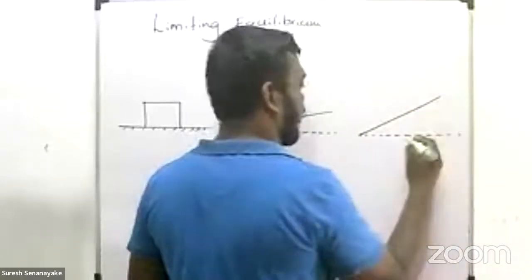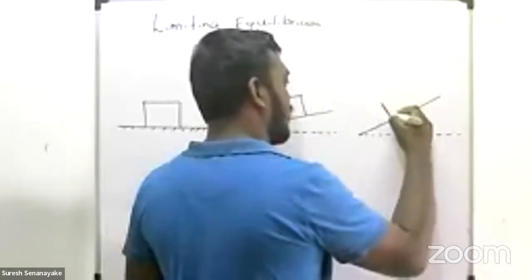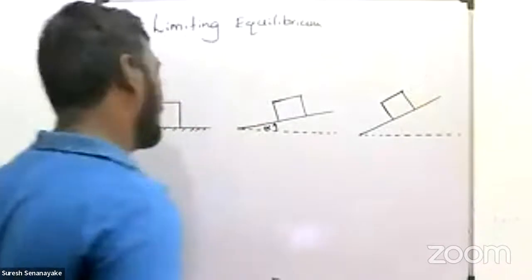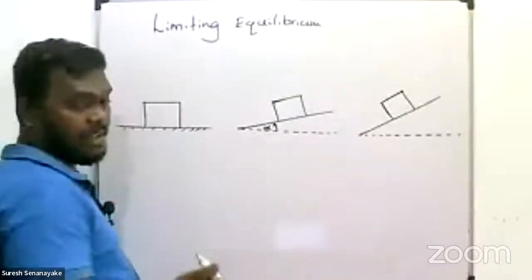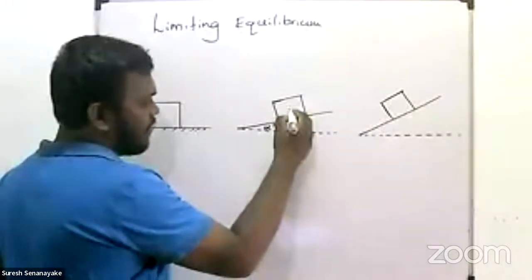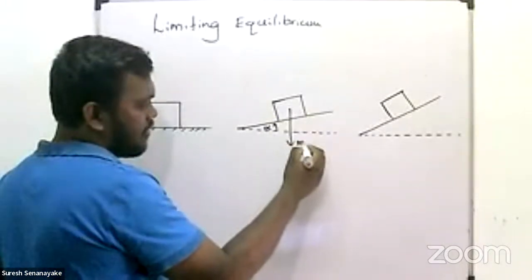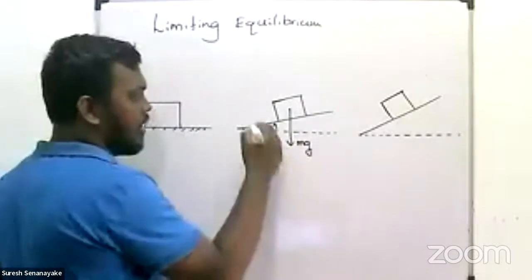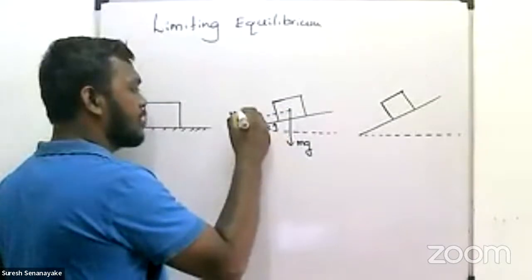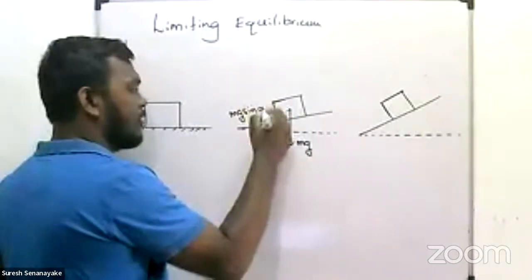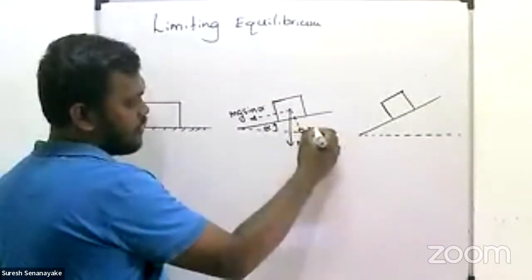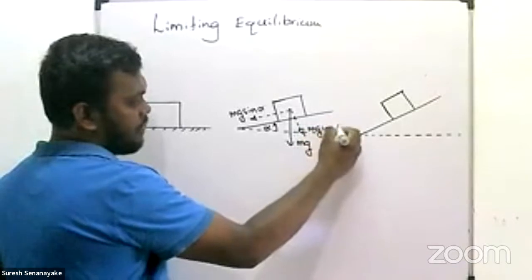To increase the inclination further. This is a rough surface, right? If it were not rough, you could not place it like this because it would slide down. Here the weight of the body, mg, is acting down, and its components are mg sin alpha along the plane and mg cos alpha perpendicular to it.